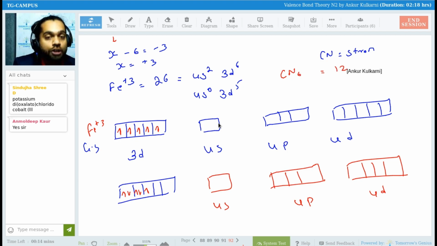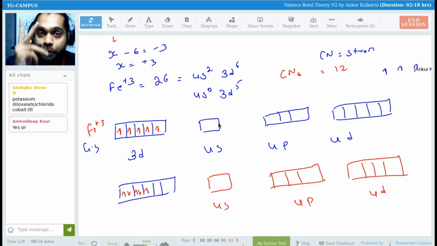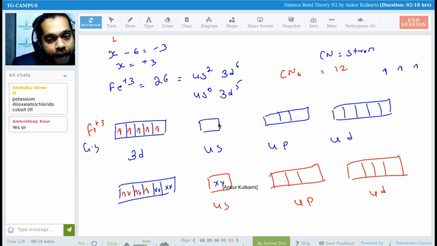That means I have 12 electrons. So one ligand will give you 2 electrons. You do not have to fill like 1, 2, 3. No. Each ligand is putting 2 electrons at a time. So 1 ligand, 2 ligand, 3 ligand, 4, 5, 6.